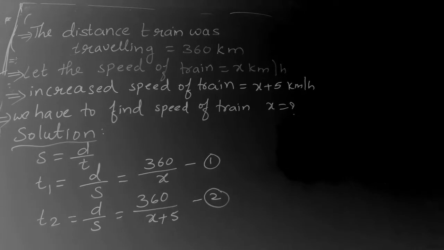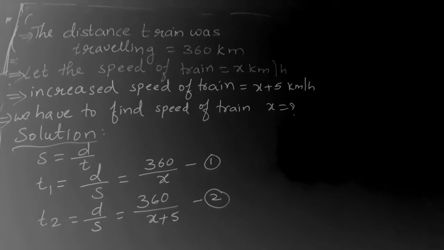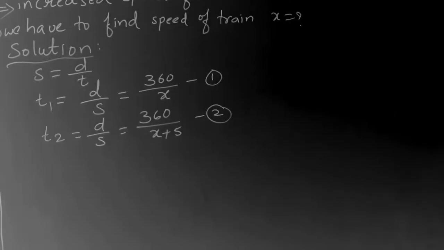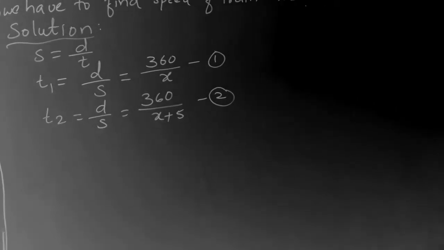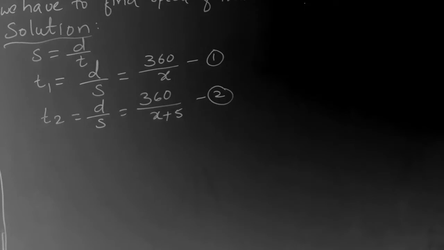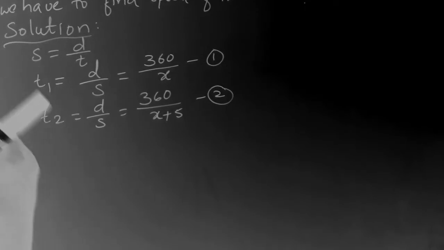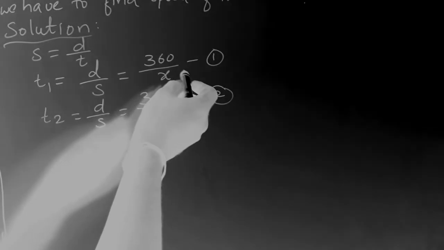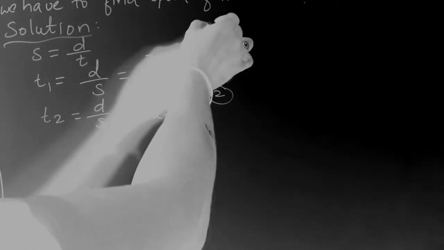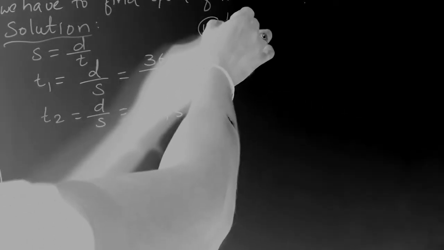Now he was saying that if the speed is increased by 5 kilometer per hour, the time taken was less. For example, if we are going at a speed of x kilometer per hour, we take 10 hours to reach our destination.